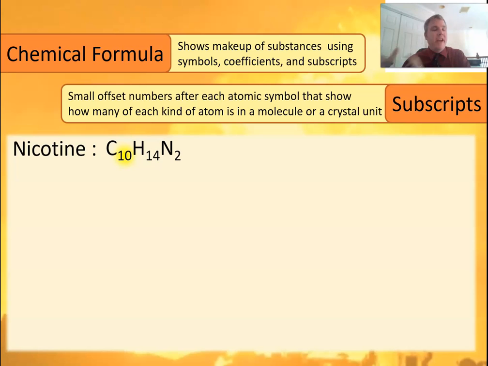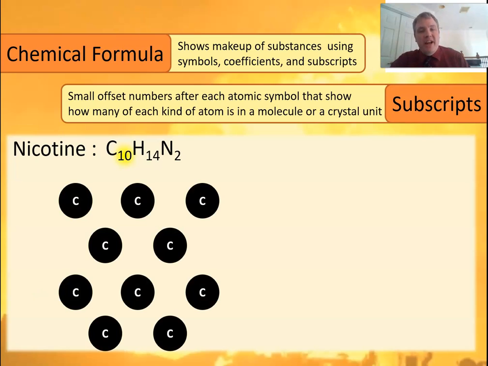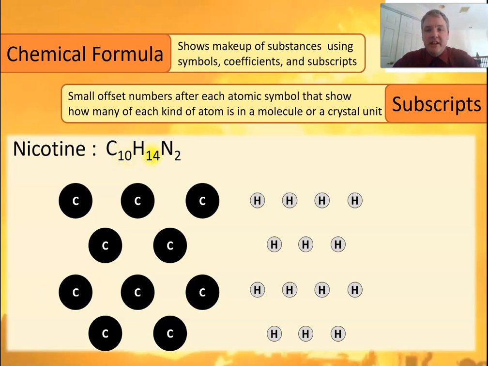The subscripts always follow the atom that they're identifying. There are 10 carbon atoms in a nicotine molecule. Hydrogen, notice, has a subscript 14, and that means there are 14 hydrogen atoms in a nicotine molecule. And nitrogen has a subscript 2, so there's going to be fewer of those, just 2 nitrogen atoms.